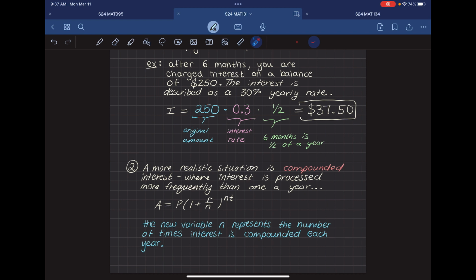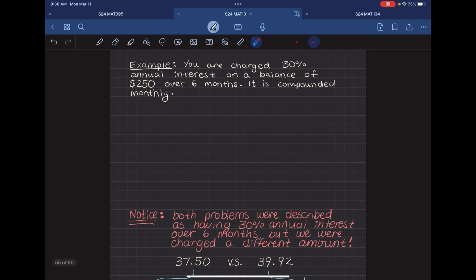Other difference between these two formulas is that in simple interest, the answer we get is I, which is the dollar amount of interest. For this one, we have A, and it's going to be the amount in our account at the end. So if you want to find the interest, you would have to take the amount in the account and subtract off the principal.